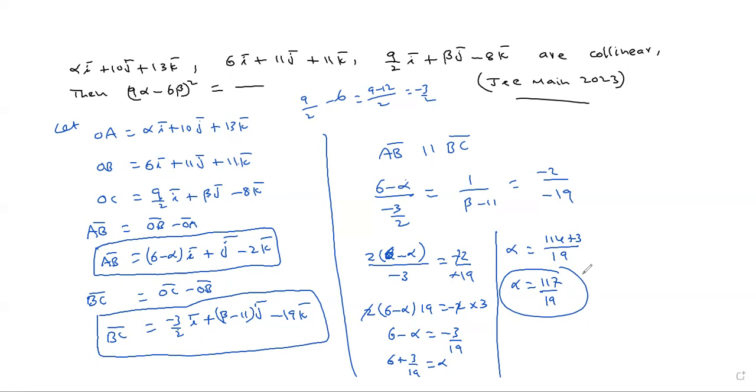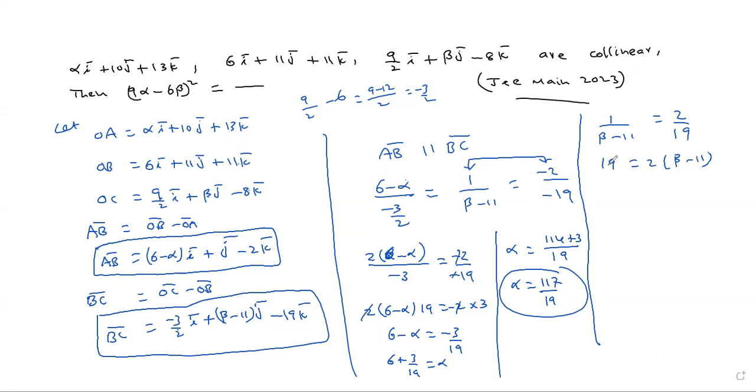Similarly, find beta. How to find beta? Equate second and third. First and third equated gave alpha. Now second and third: 1 by (beta minus 11) is equal to 2 by minus 19. So minus minus cancels. Just cross multiply. 19 equals 2 into (beta minus 11).